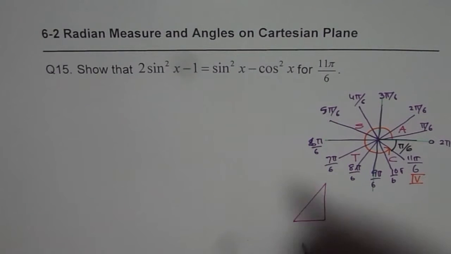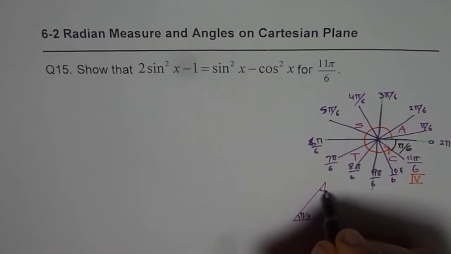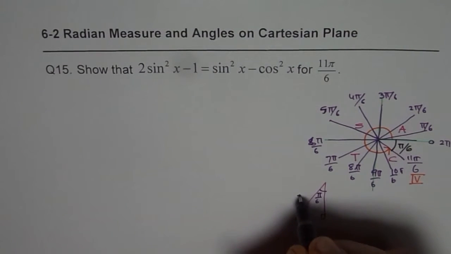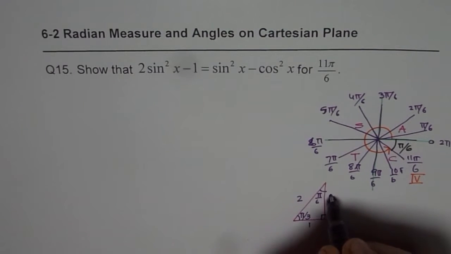So we are interested in pi by 3, pi by 6. So this is pi by 3. Now here we have pi by 6, and this is pi by 2 for us, right? So the sides are 1, 2 and square root of 3.